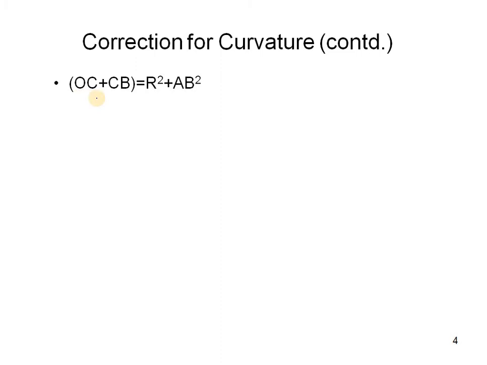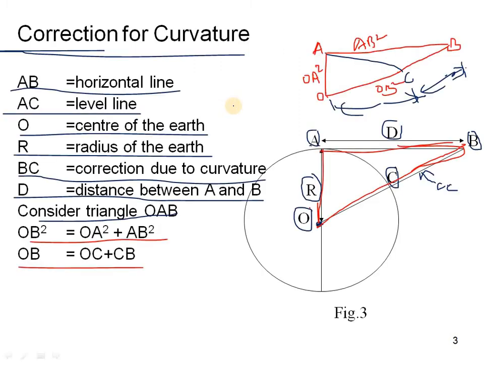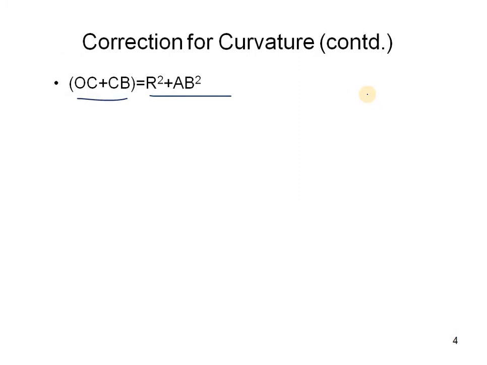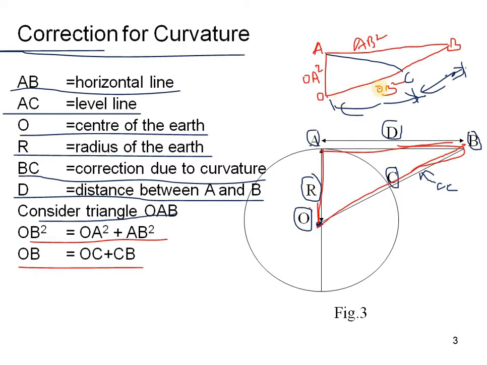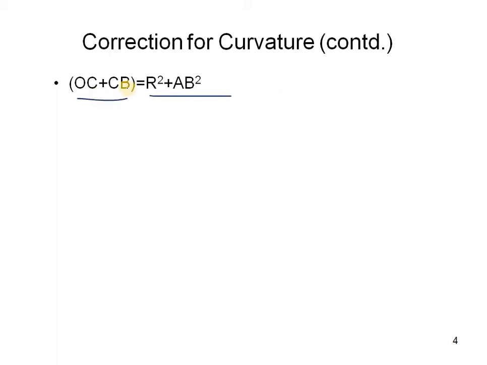And next, OC plus CB is equal to R square plus AB square. So what is OC here? We can write OC as R, and CB we can write as AB. So OC plus CB is equal to R square plus AB square.